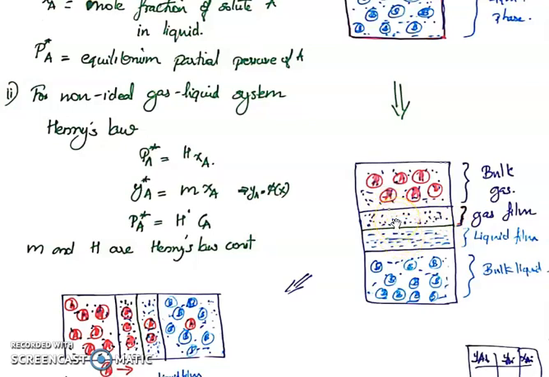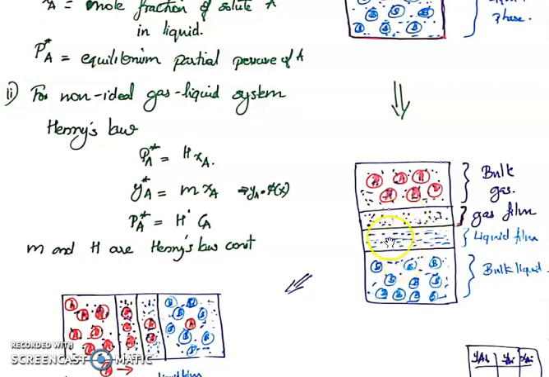But it is not easy for the molecules to diffuse. As a result, some of the air molecules which are present here will form a stagnant film just above the interface. So a gas film is formed just above the interface, composed of air molecules which are at rest. We are assuming it like this.